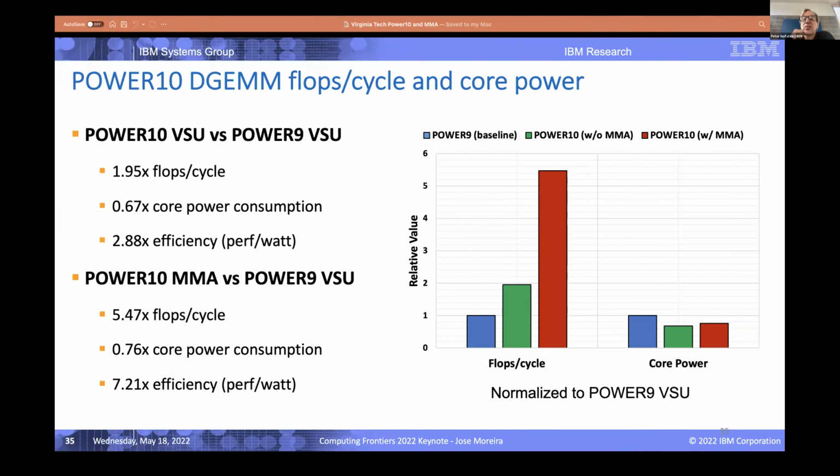So you can use these matrix math capabilities without severely throttling back on frequency, which is nice.